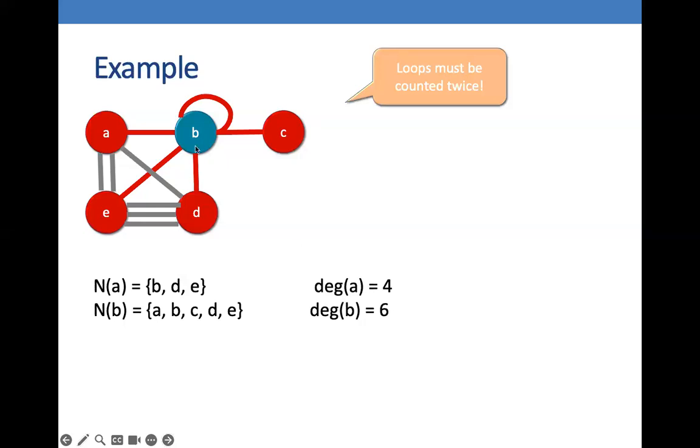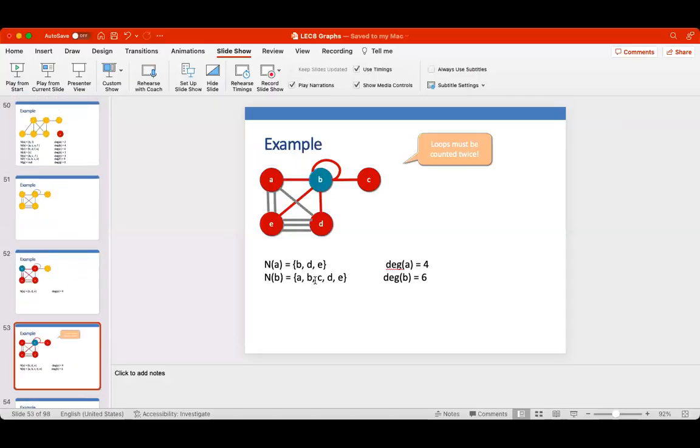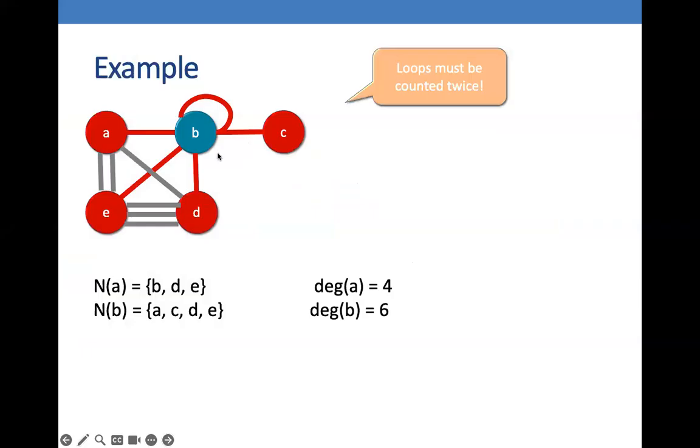If we look at its neighbors, it has neighbors A, C, sorry, this should be C, D, and then E. Okay, so if we count this one, 1, 2, 3, 4, and then 5.